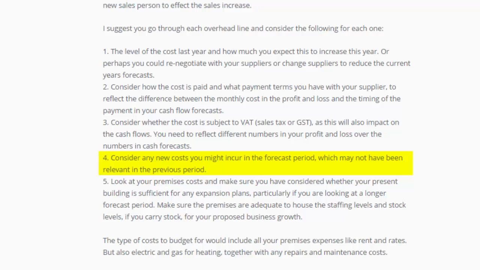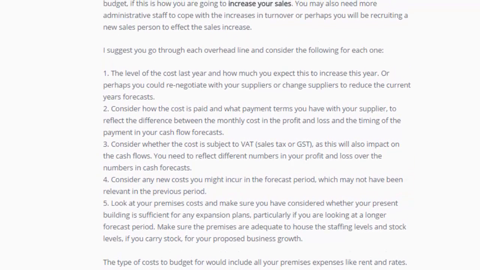There may be cost savings, you don't know, but it's important to look at not just what happened last year and what costs and repeating those and tweaking them up or down, but it's also having a look to say, okay, we're going to be doing something slightly different, so therefore that might incur this additional cost.